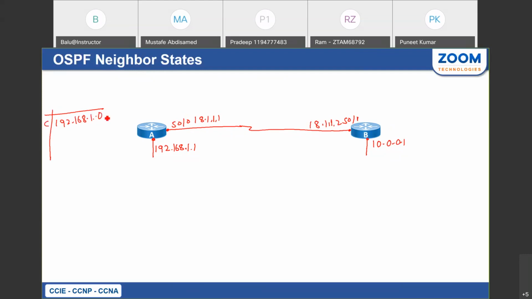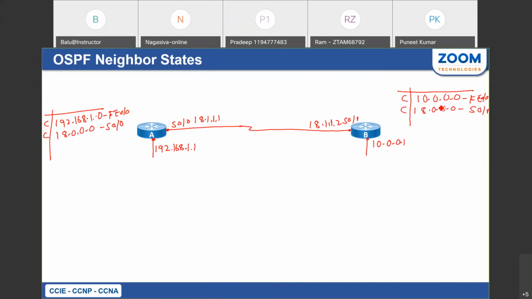Now you tell me, guys, router A's routing table: 192.168.1.0 is directly connected to FastEthernet 0/0, and 18.0.0.0 is directly connected via serial 0/0. Now B's routing table: 10.0.0.0 is directly connected via FastEthernet 0/0, and the 18.0.0.0 network is directly connected via serial 0/1.